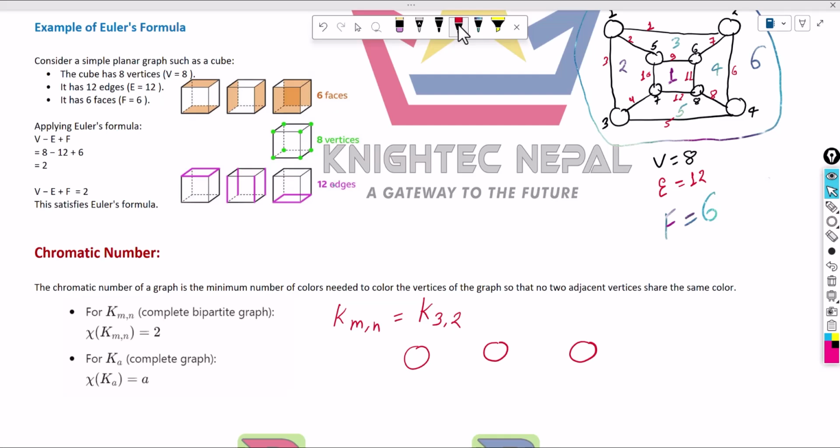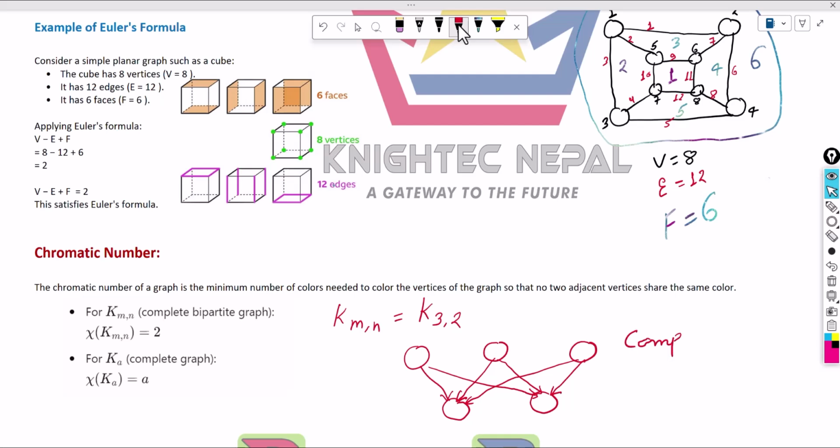On the other hand, we have two vertices in the other subset, so 1 and 2. So connect this node with the other subset of vertices, so this with this, and this with this, this with this and this with this. So this is a complete bipartite graph.